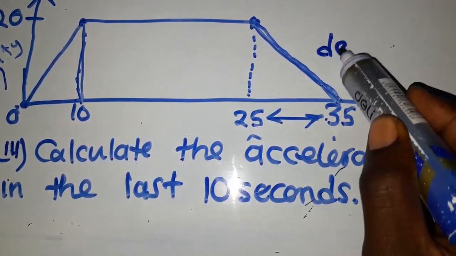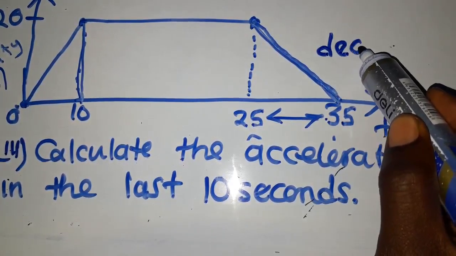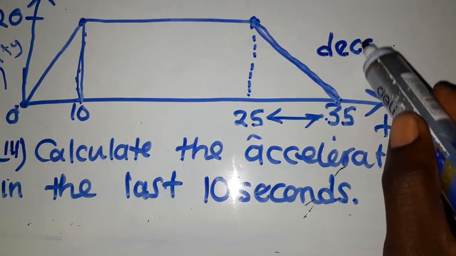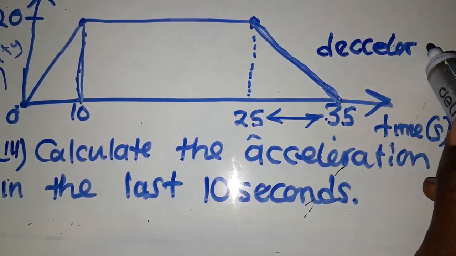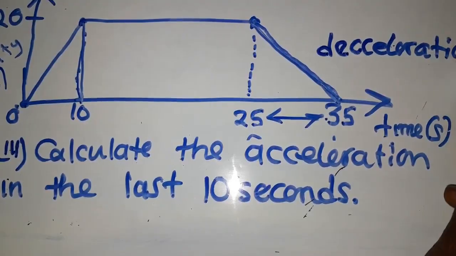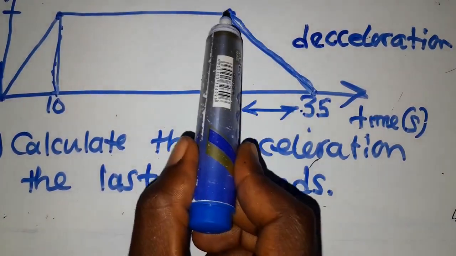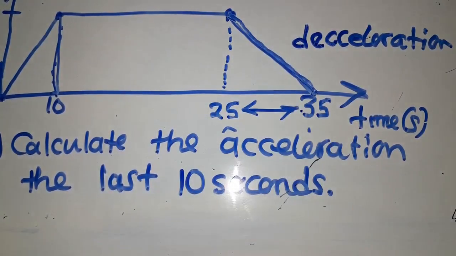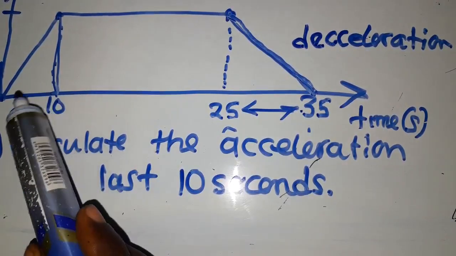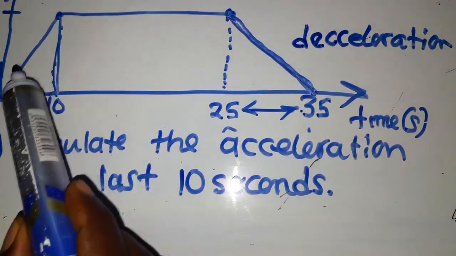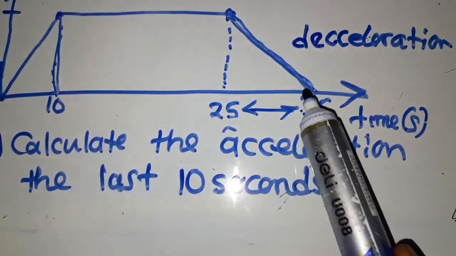Deceleration. It is the negative of what? Acceleration. So whenever you are talking about deceleration, deceleration is negative. So this one which is here, this is the acceleration, positive. But this is the deceleration.